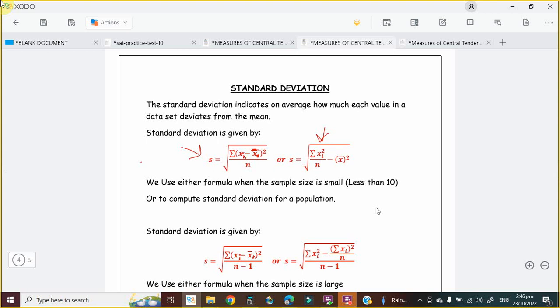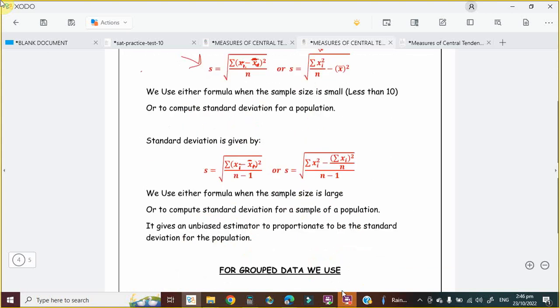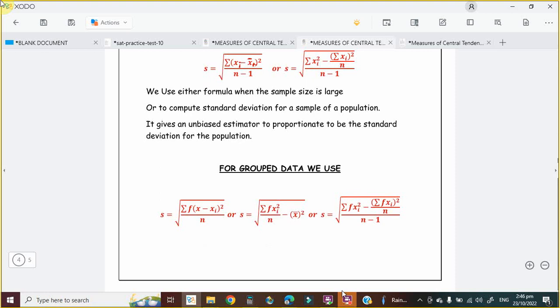Now, gentlemen, the only difference now with group data, because these formulas we use for raw data, by the way. Not all the time you're given raw data. You're going to be given group data where you're going to have frequencies. This is the formula I use for frequencies: xi minus bar x square over n.